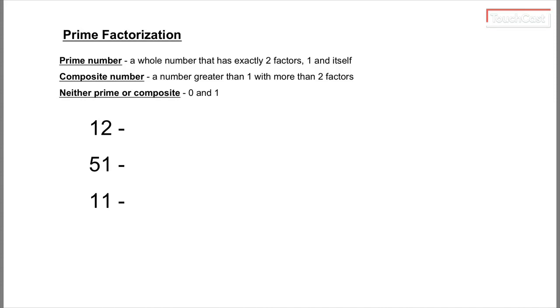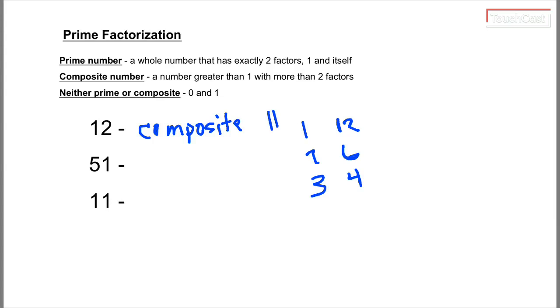There are several numbers that will go into 12, such as 1 and 12, 2 and 6, 3 and 4. So since we have more than two factors, 12 is a composite number.